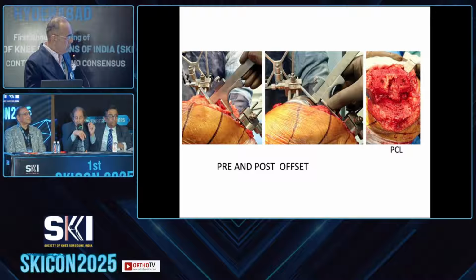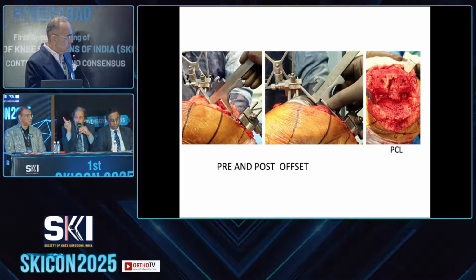And I think what is critical about doing the CR or retaining the PCL is that you need to get the other factors right, not only the PCL. You need to reproduce the posterior condylar offset and the posterior tibial slope, and balance your knee totally through that arc of motion, checking at 30, 45, 60, 90, and 120. You should not have any lift off.